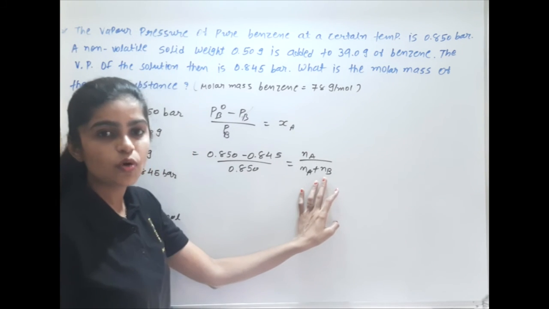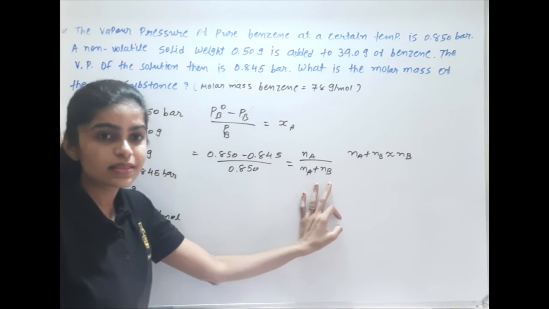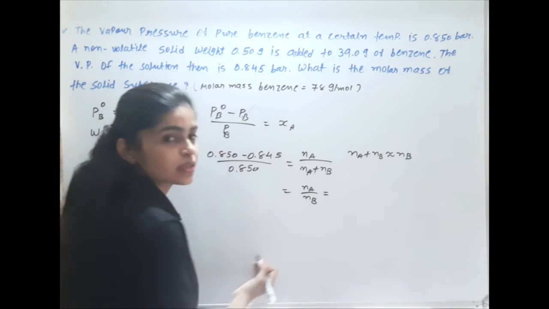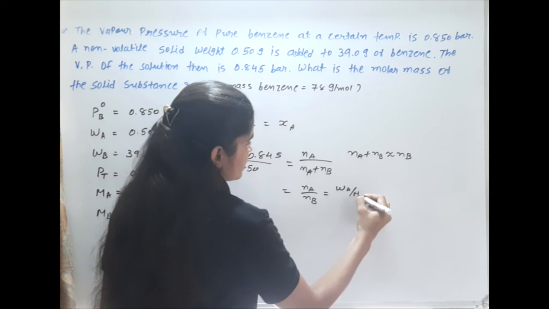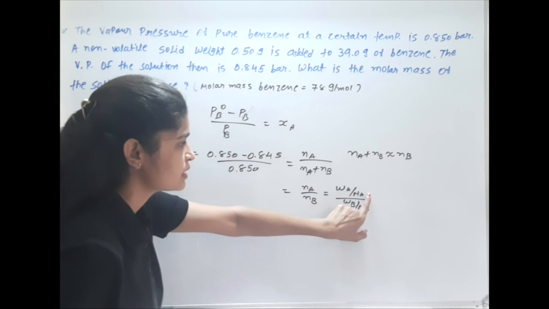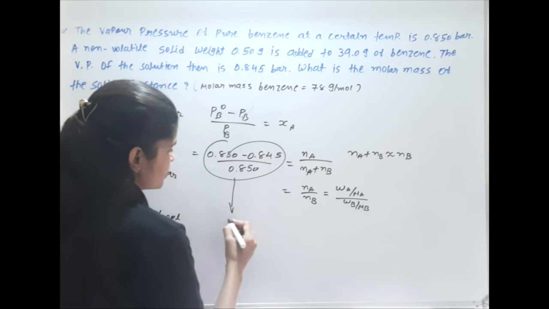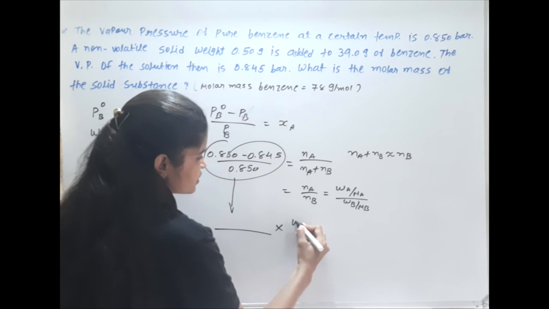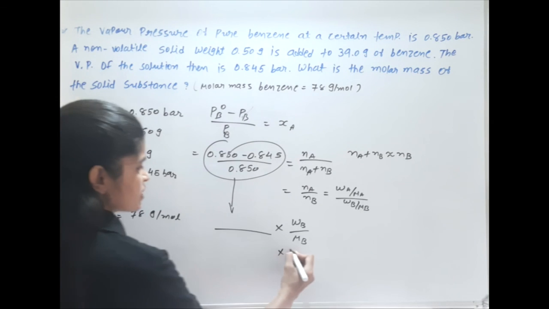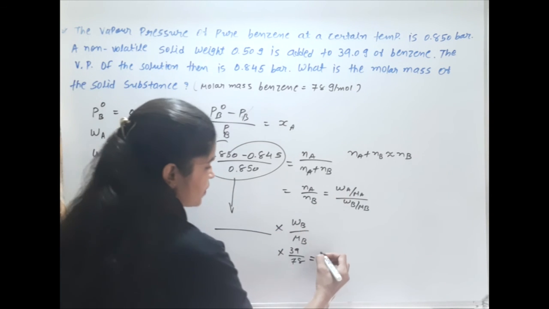But in this case, NA is a very small value. So NA plus NB is approximately equal to NB, the number of moles of the benzene. So NA upon NB is equal to WA upon MA divided by WB upon MB. We need to find out this MA value. So calculate this value and put it in this equation. Multiply with WB upon MB, where WB is 39 and MB is 78, which is equal to WA upon MA.